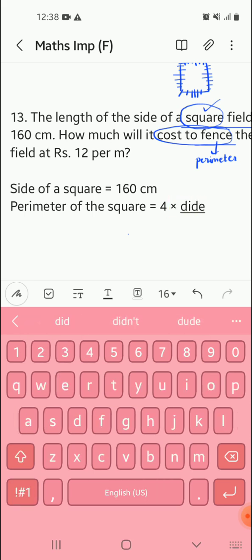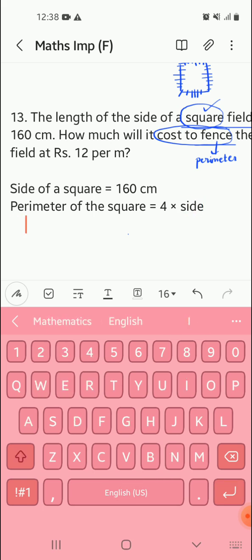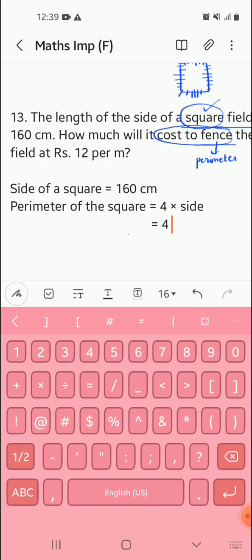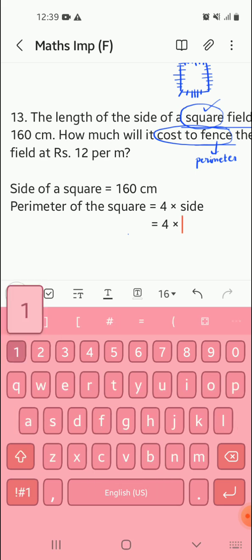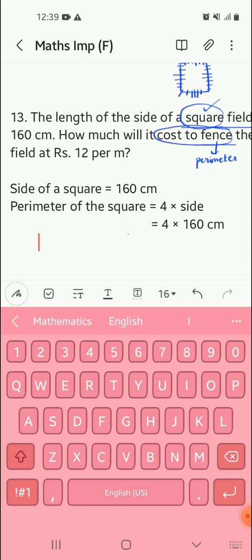So the side is 160 centimeter, so it is basically 4 into 160 centimeter. We know that 16 into 4 is 64, so it will be 640 centimeter.